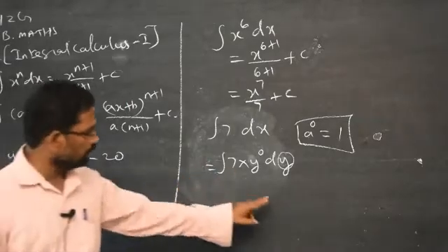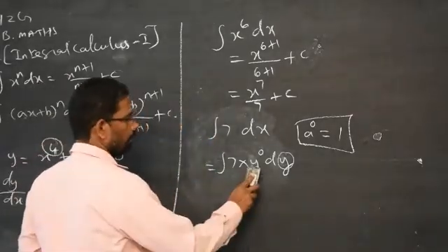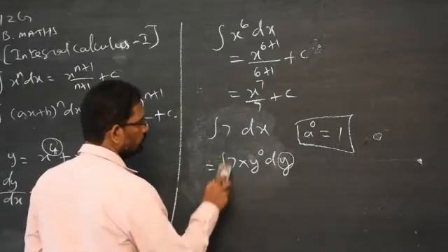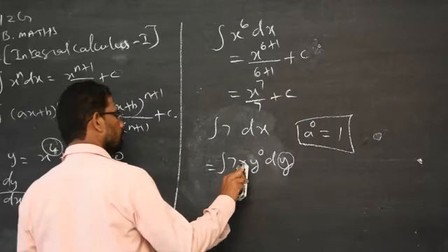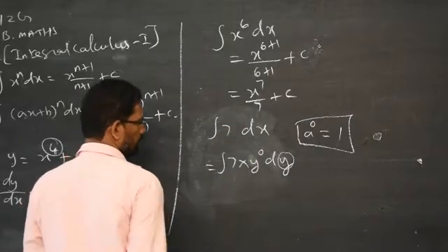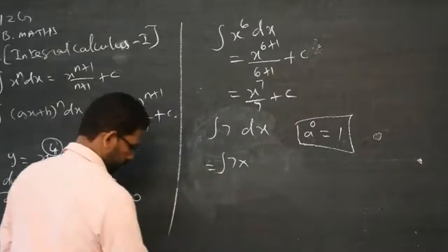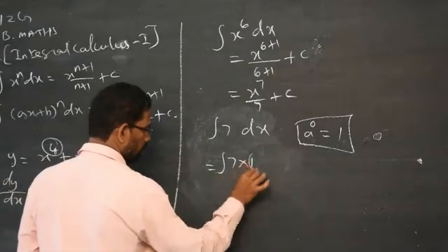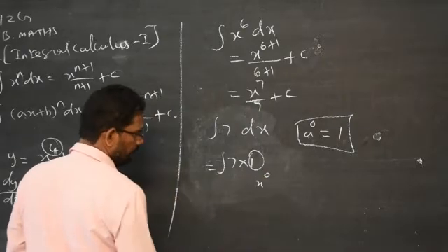So it depends upon which variable you are integrating. Based on that, you write the constant into the variable power 0, because anything power 0 is 1. 7 into 1 is 7. This 1 is only replaced by x power 0. Clear?